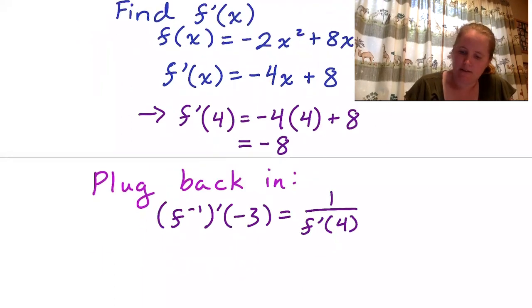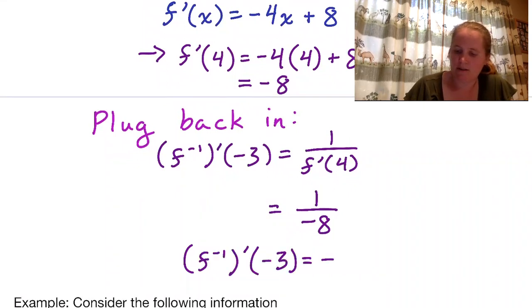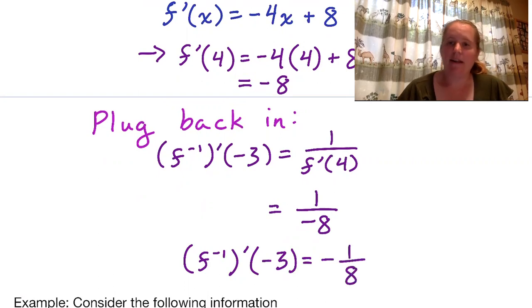And then this is just 1 over negative 8. So we got the derivative of f inverse evaluated at negative 3 is negative 1/8.